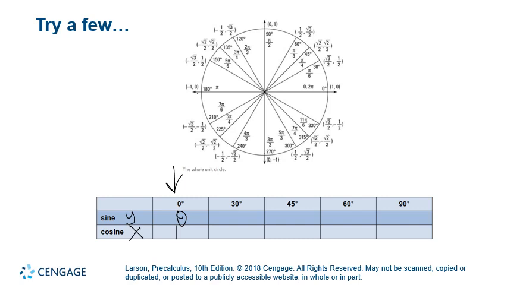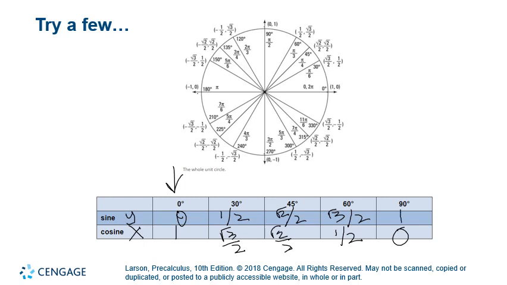Up at 30, cosine is the x, and sine is the y. At 45, cosine and sine are both square root of 2 over 2. At 60, our cosine is our x again, our sine is our y, and at 90, our cosine is our x, and our sine is y.